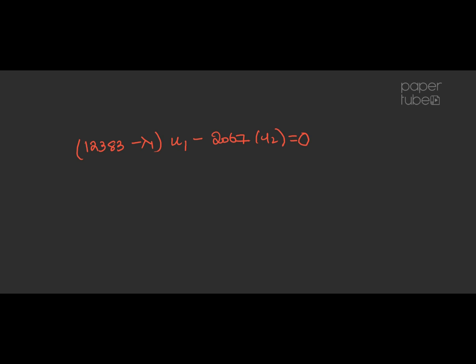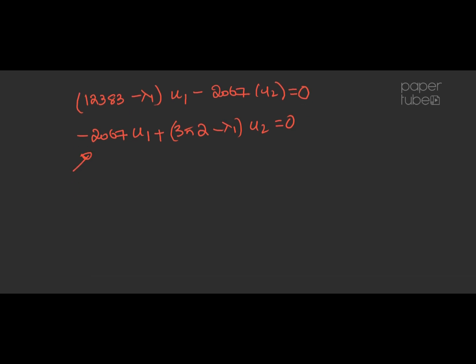And then the next one is minus 2067 multiplied by u1 plus 352 minus lambda 1 multiplied by u2 is equal to 0.